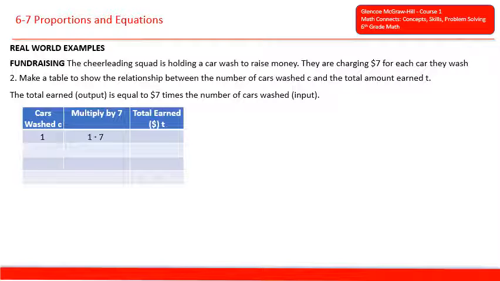So we wash one car, we multiply 1 times 7, and we get 7 earned. 2 cars washed times 7 equals 14. 3 cars washed times 7 equals 21. And 4 cars washed times 7 equals 28.